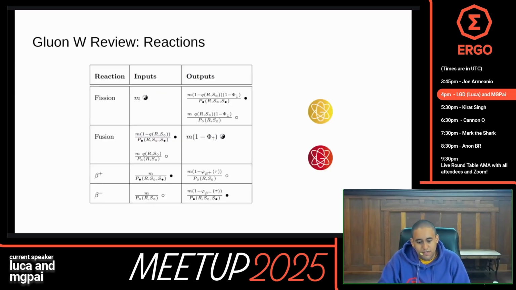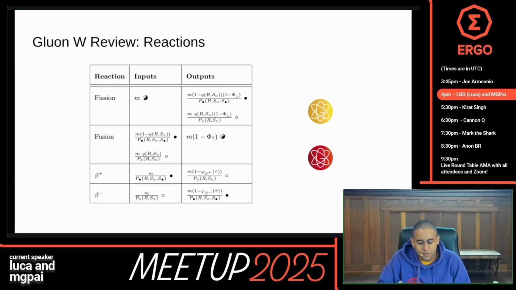So just a review of how Gluon works. There's four main actions that as a user you can do. Fission is the act of putting in your base coins. So in the case of Ergo, it would be putting in Erg, and that'll spit out the stablecoin, the neutrons, and the reserve coin, which we call protons.